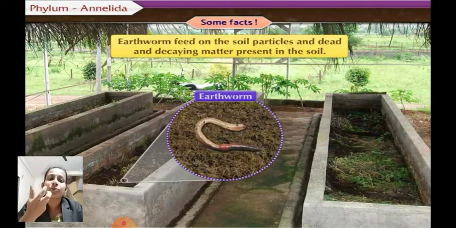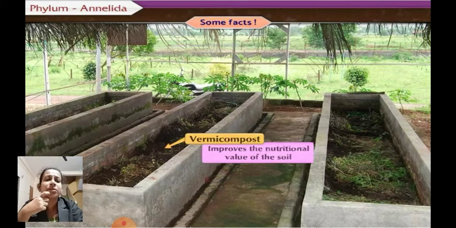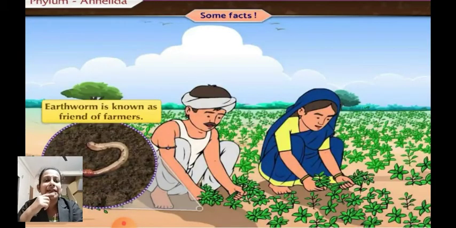So this process is also called vermicomposting. Fine. So vermicompost improves the nutritional value of the soil, because this composted soil is very rich in nutrients, and this is all done because of the earthworm, because it can convert unwanted things into something very useful by making that soil very nutritive. Therefore earthworm is known as the friend of the farmers.